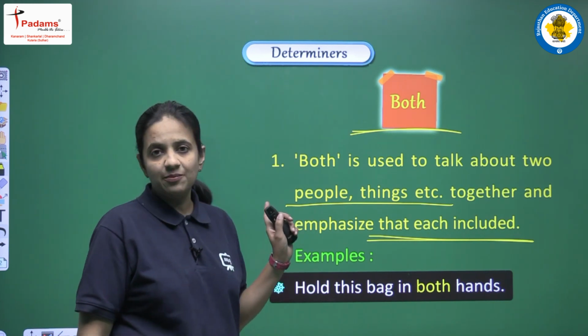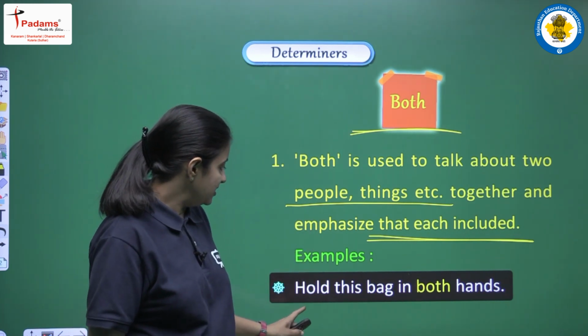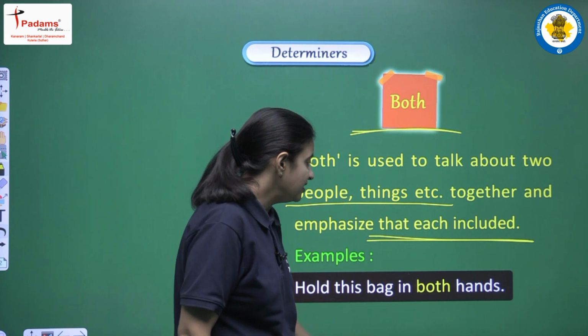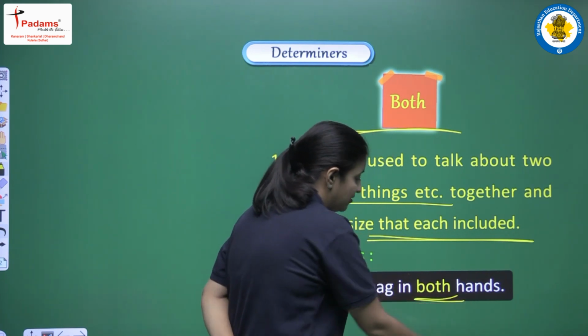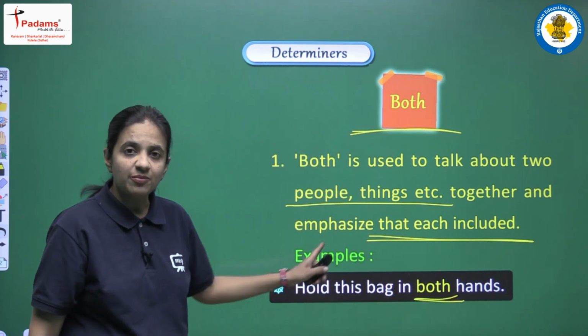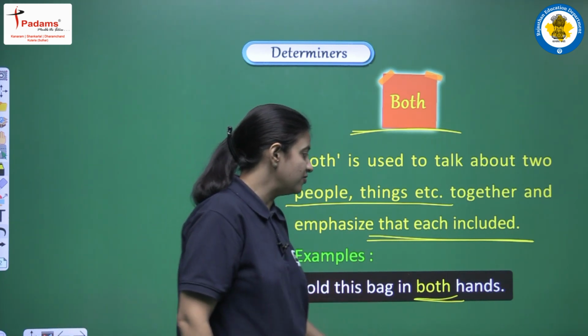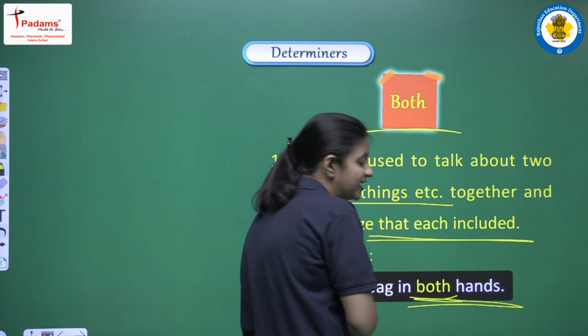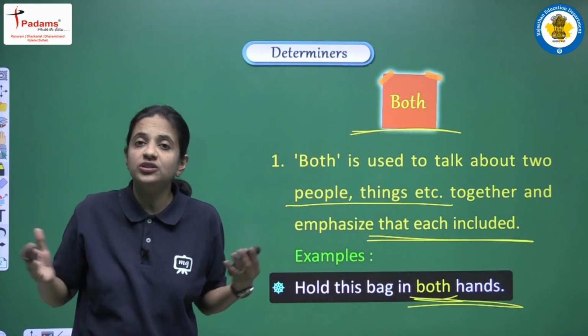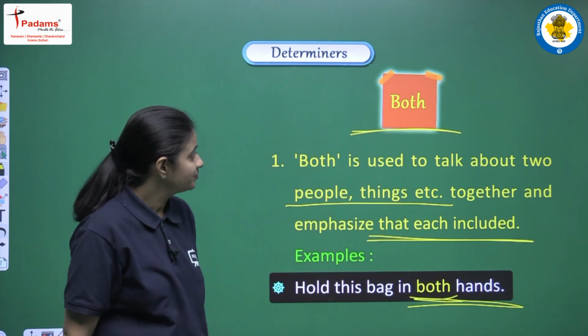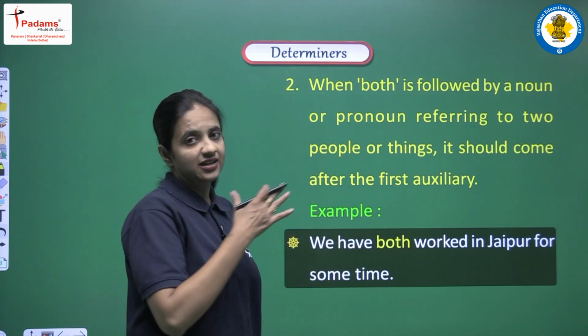So let's see an example to clear this thing. We are having the sentence here, hold this bag in both hands. So here we are emphasizing that you hold this bag with the help of your two hands, with the help of both the hands, right?